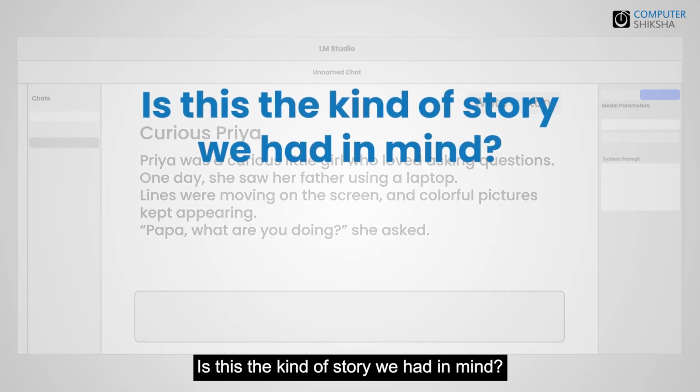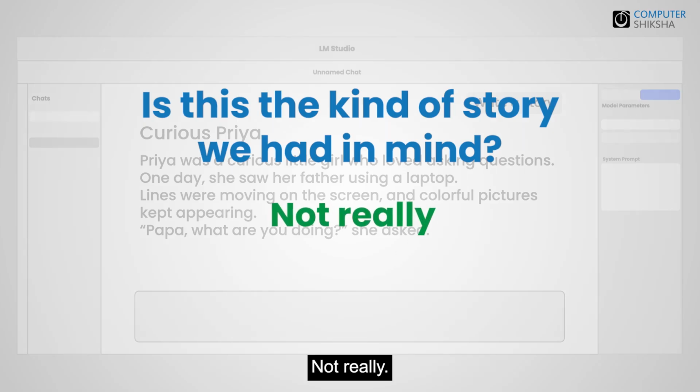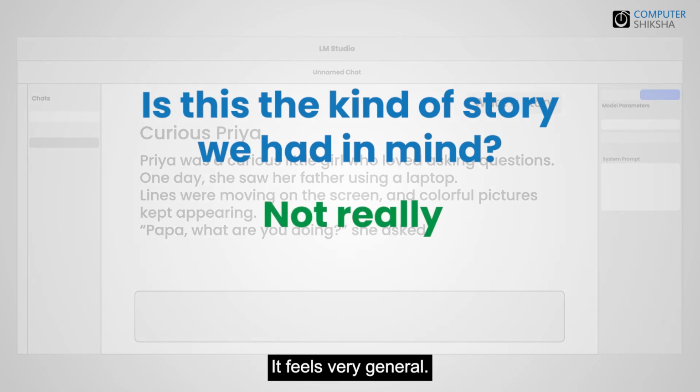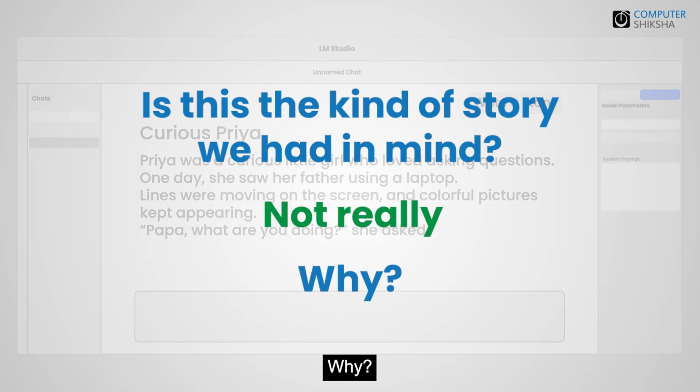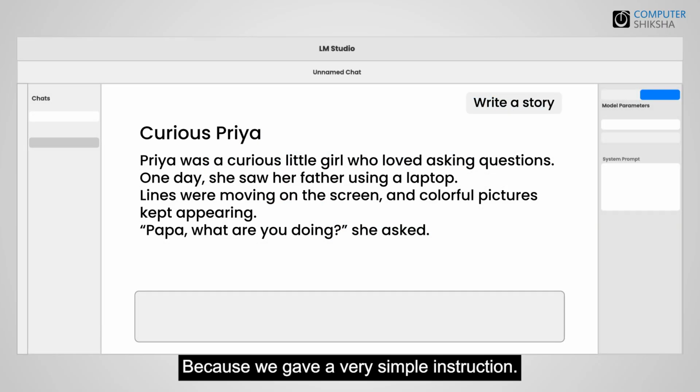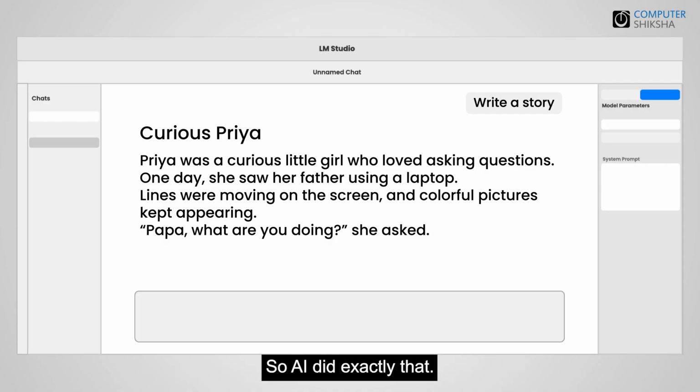Is this the kind of story we had in mind? Not really. It feels very general, very basic. Why? Because we gave a very simple instruction. We only said, write a story. So AI did exactly that. Nothing more, nothing special.